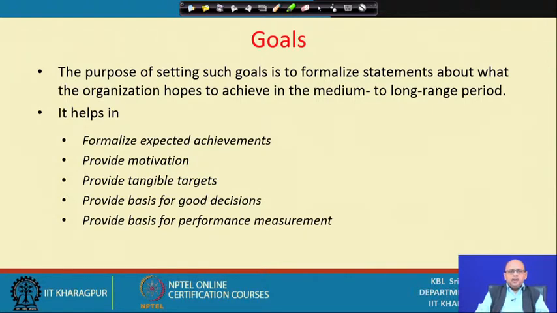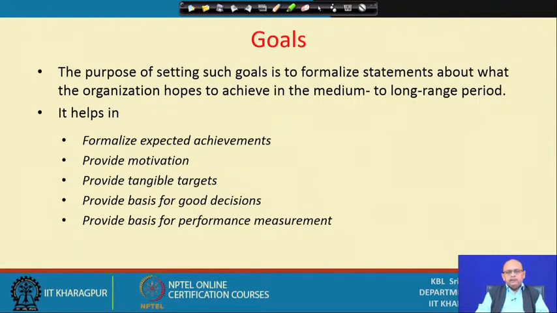Next, you have to ensure that the goals and objectives to be achieved are in tangible terms. Tangible means concrete, in hard terms which can be verified. So, when we are talking about tangible targets, we are basically talking about objectively specified goals that can be achieved in concrete terms. This goal also acts as a basis for taking decisions.